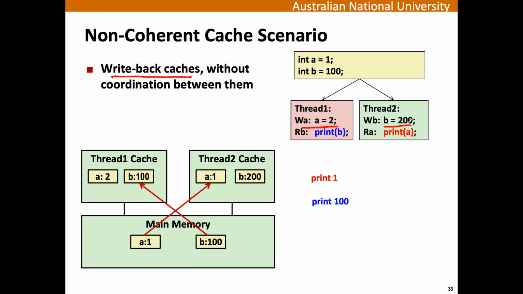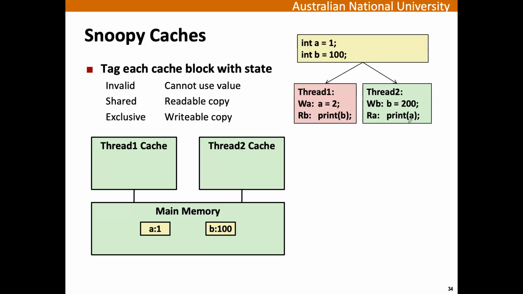So how do we solve this problem? There is something called Snoopy coherence, Snoopy caches. What we do is we associate a tag, which is basically a state, with each cache block: invalid, shared, exclusive.